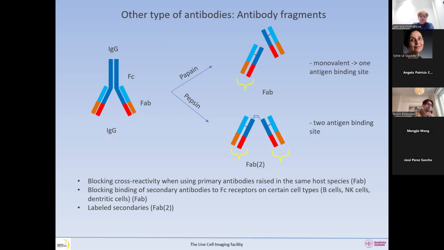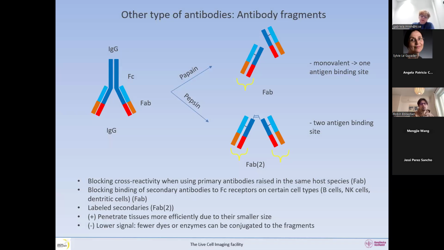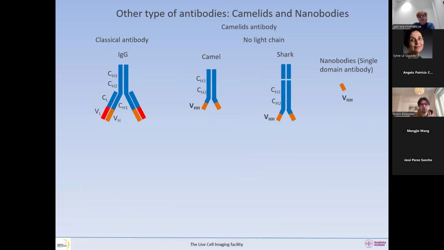You can also use them as labeled secondaries, especially the FAB2 fragments. The advantage of using these antibody fragments is that they penetrate the tissue more efficiently due to their smaller size. But you will get a lower signal since fewer dyes or enzymes can be conjugated to the fragment.